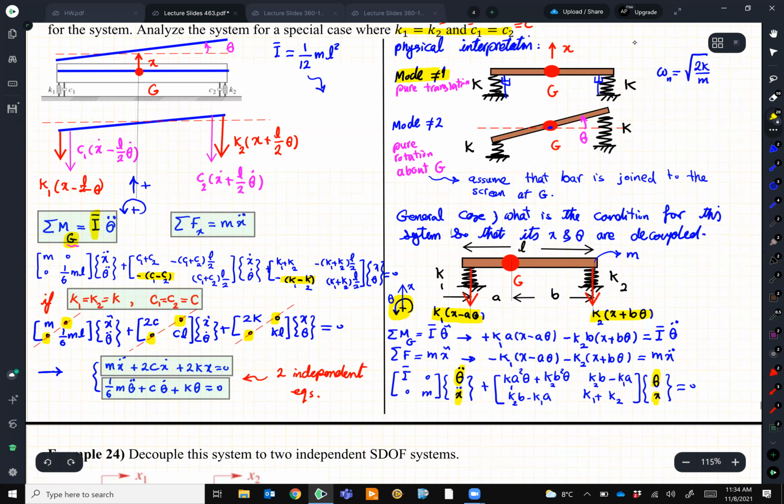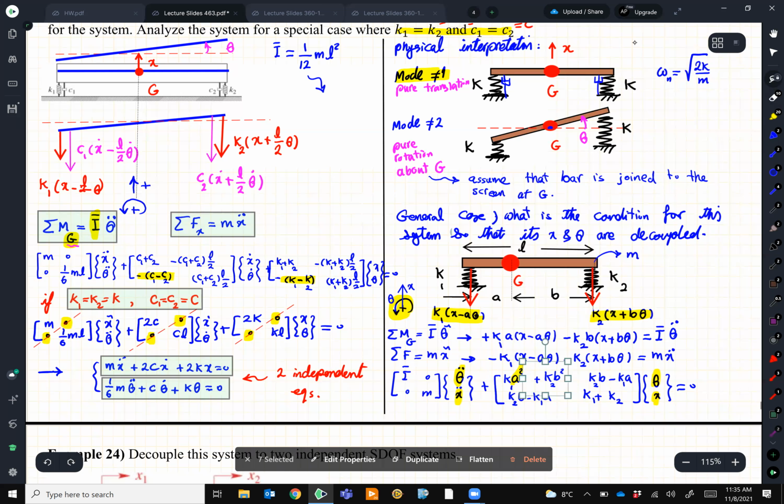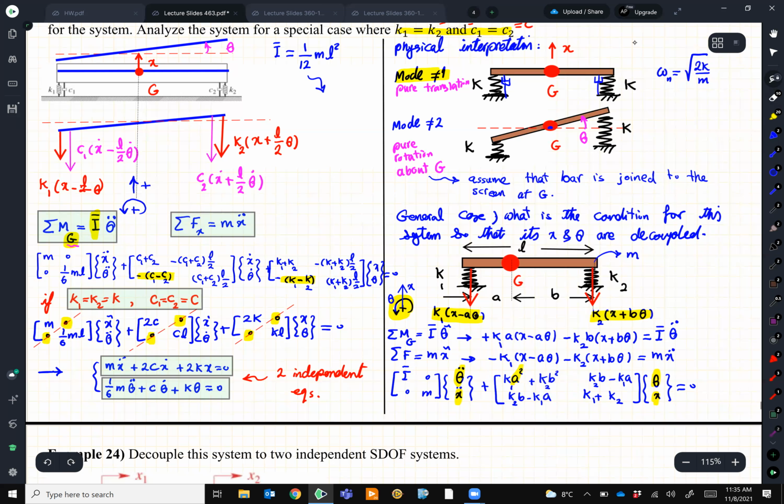So, okay, let's check this one. This is K1 a squared. Oh, yeah. No theta here. Thanks, Michi. I told you always there is someone who checks, finds a mistake here. The rest are correct? Yeah.